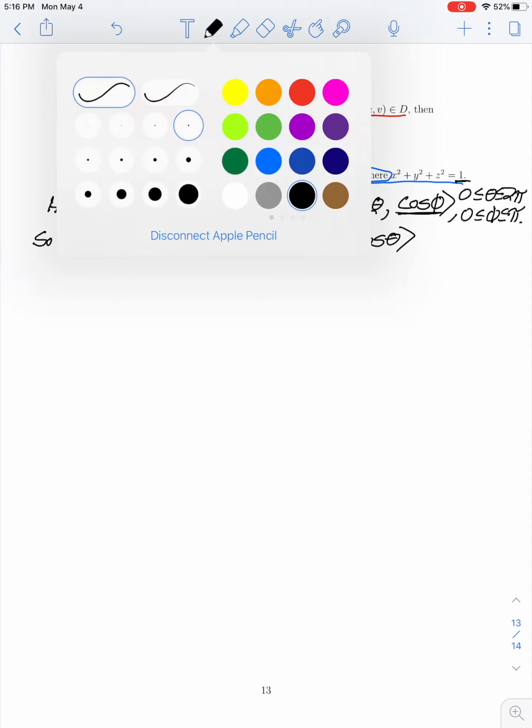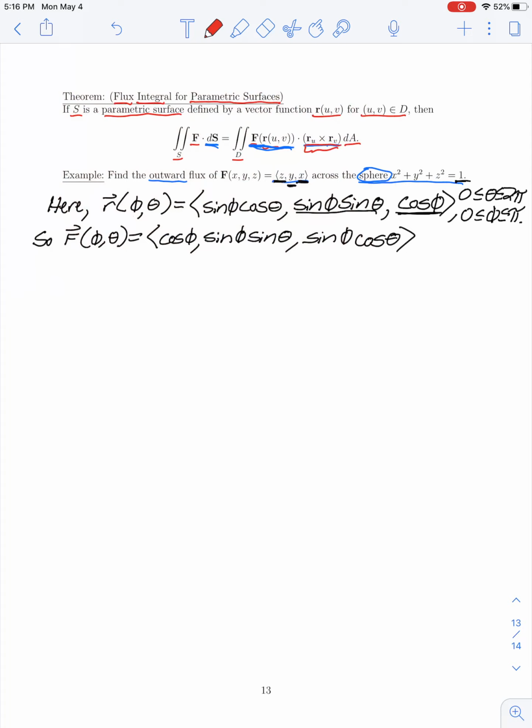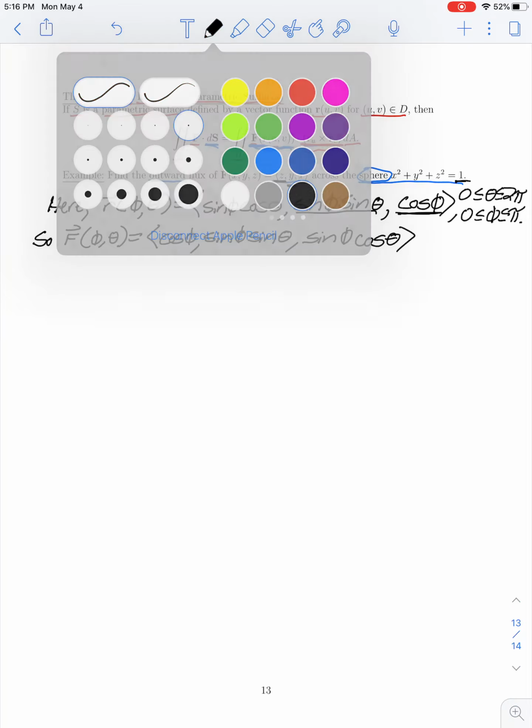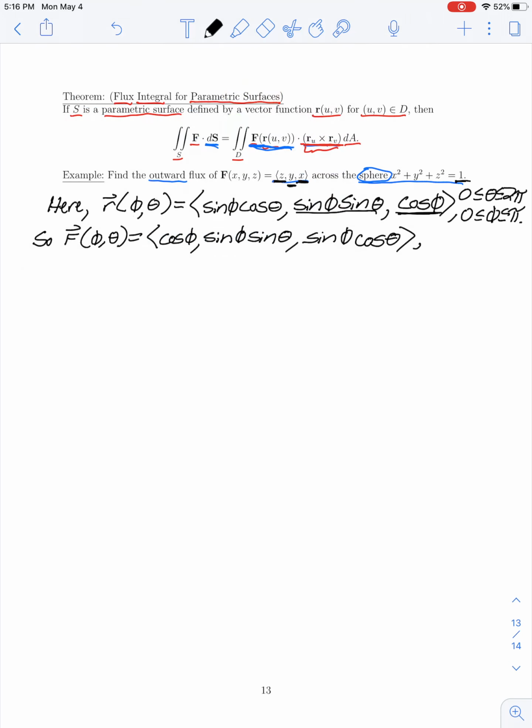And now we still need to calculate the partial derivatives of this parametric representation for my surface with respect to phi and theta, and then take the cross product of those partial derivatives. So let's look at what we have for our partial derivatives. Here, the partial of r with respect to phi would be cosine of phi cosine theta for our first component.